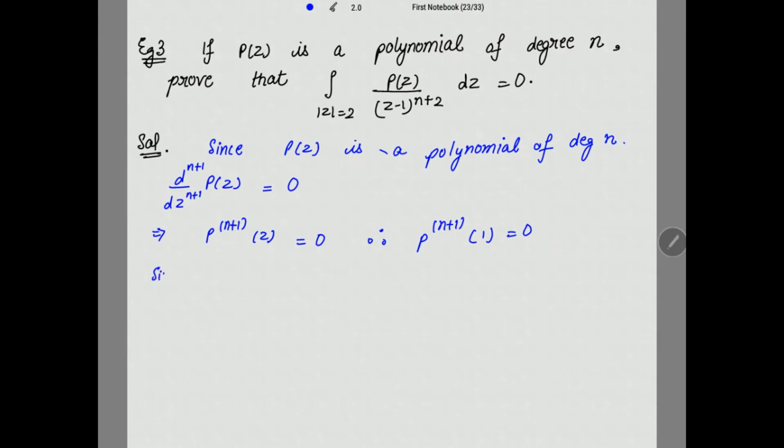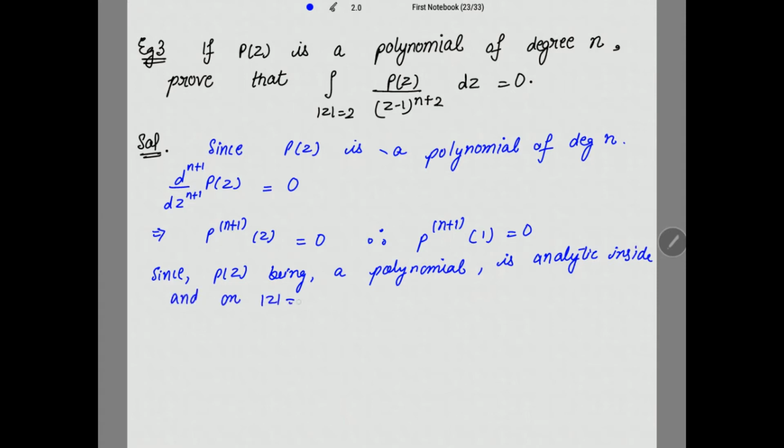Again, since pz being a polynomial is analytic inside and on mod z is equal to 2, and the point z is equal to 1 lies inside it.